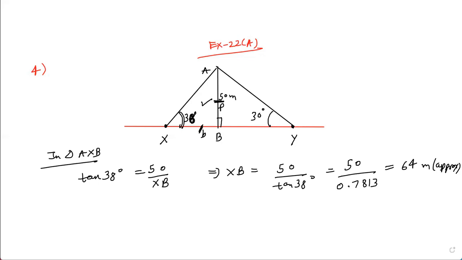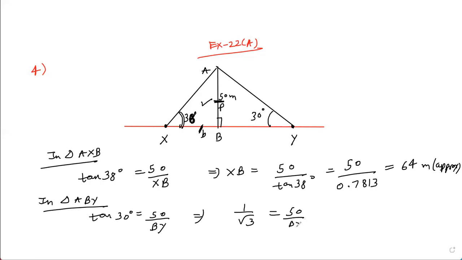Okay, now let's move on to the other triangle. In triangle ABY, similarly, if I apply the same concept, tan 30 degrees will be 50 by BY. Now tan 30 is 1 by root 3, so that will be equal to 50 divided by BY.